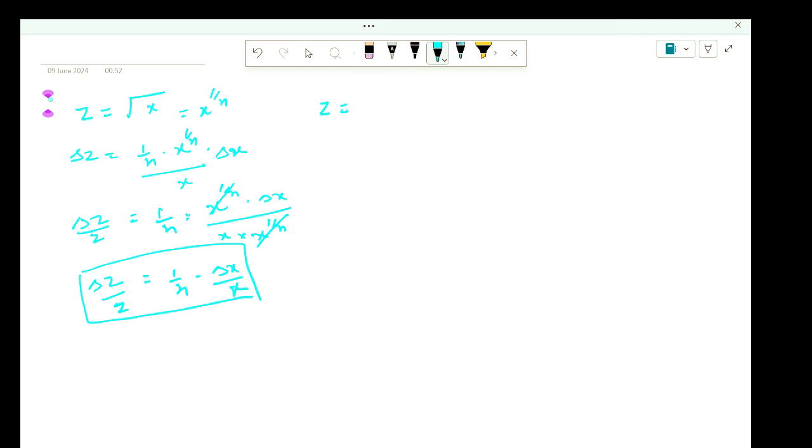Two examples I will tell. Then they are asking the relative error in Z.